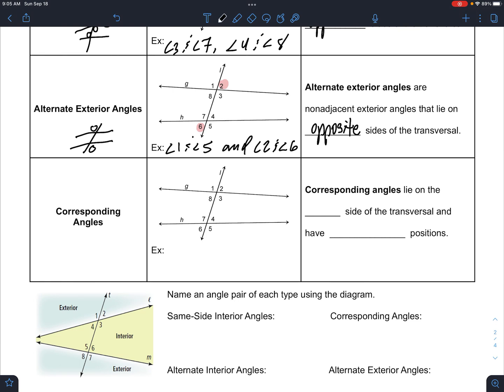And then finally, corresponding has not 2 angle pairs, but actually 4.